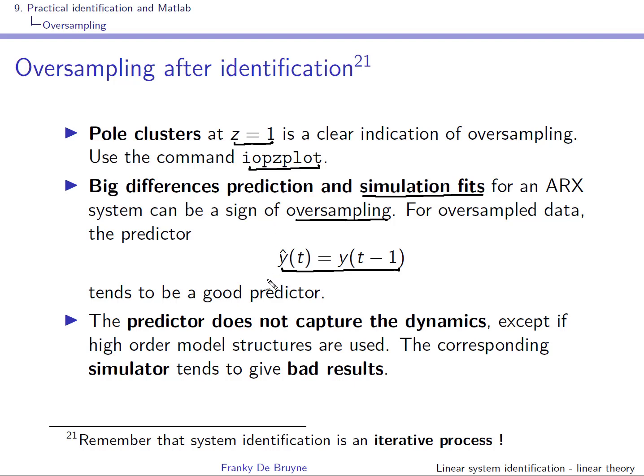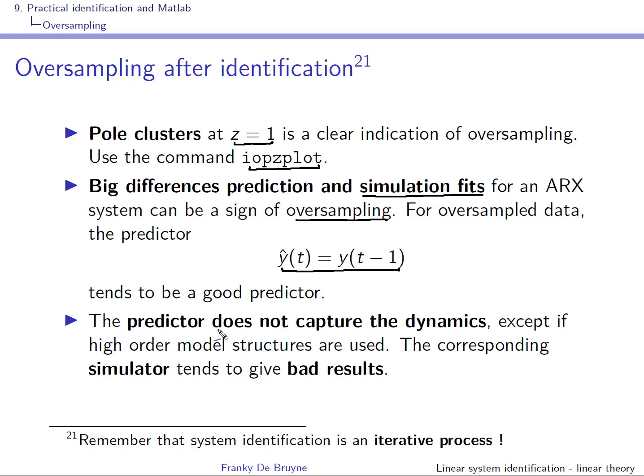IOPZplot, right? So the predictor does not capture the dynamics, and the corresponding simulator tends to give very bad results. The predictor does not capture the dynamics, of course, except if you choose unreasonably high model structures. So this is another way to see this.